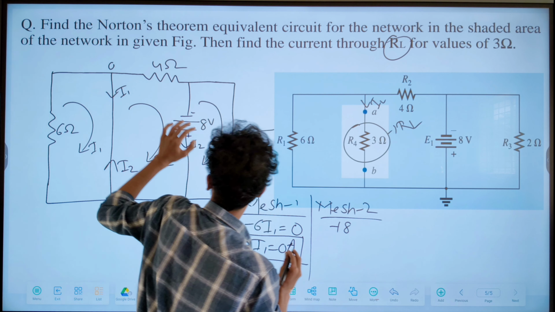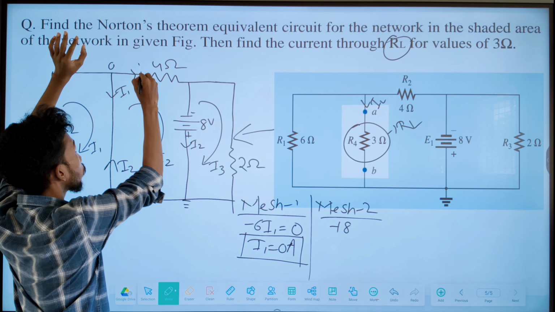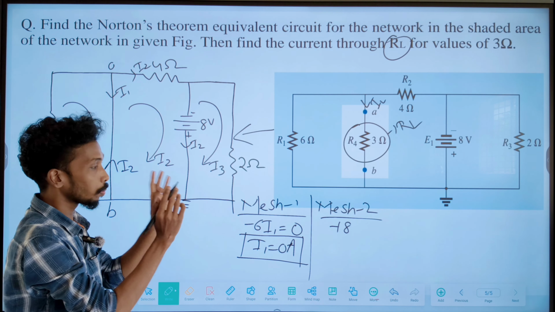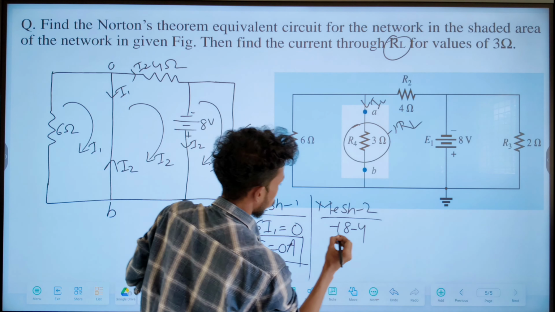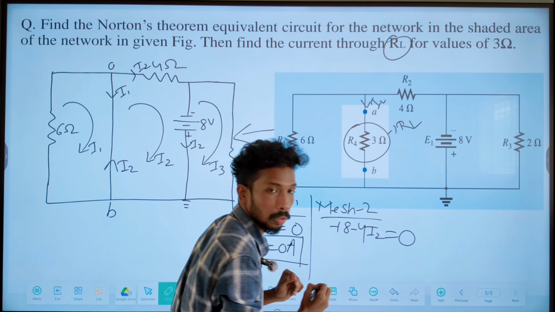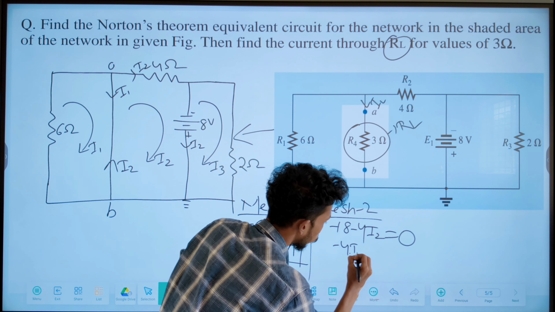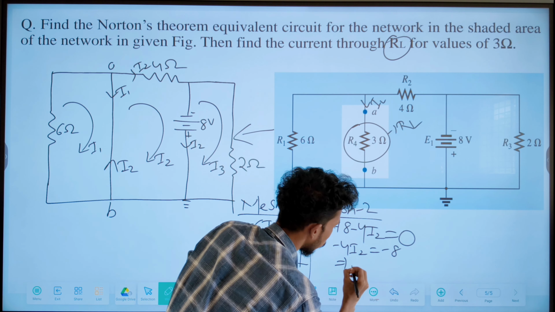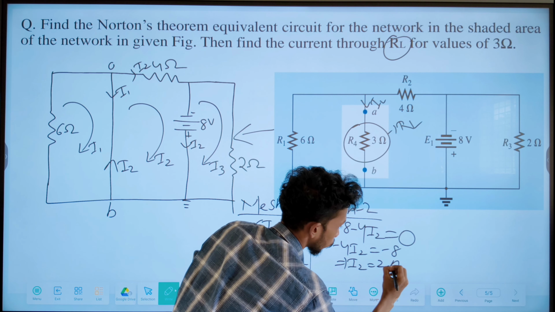Then for this 4 ohm resistance, I2 is flowing, so the 4 ohm resistance will drop the voltage. So we can write minus 4 I2 is equal to 0. Solving this, minus 4 I2 equal to minus 8, so simply you can write I2 value is 2 ampere.